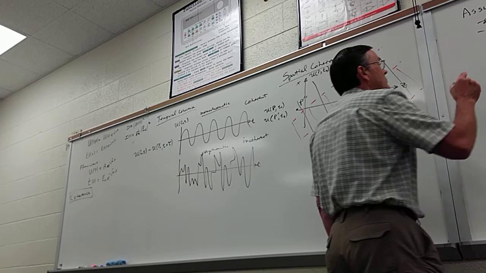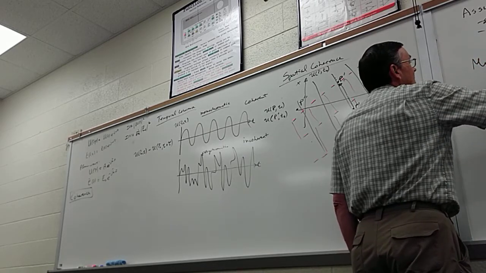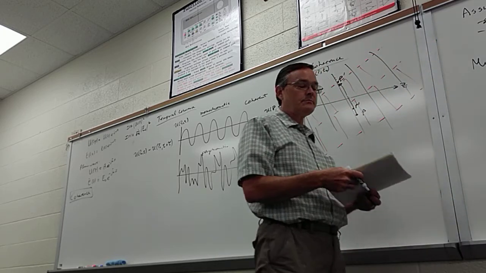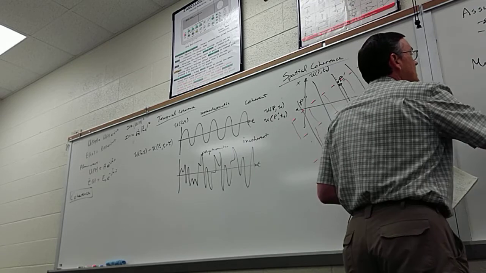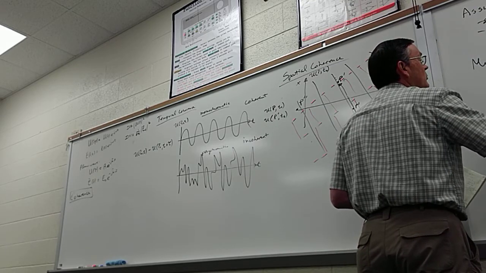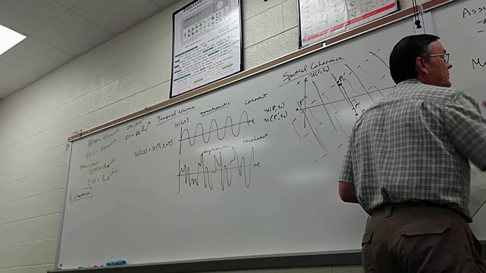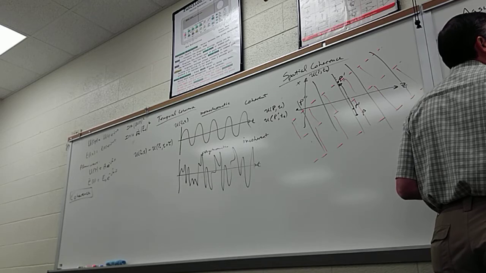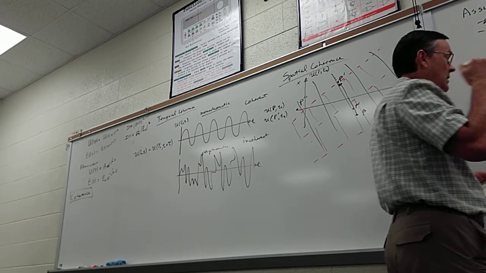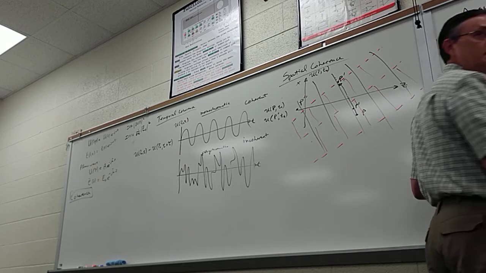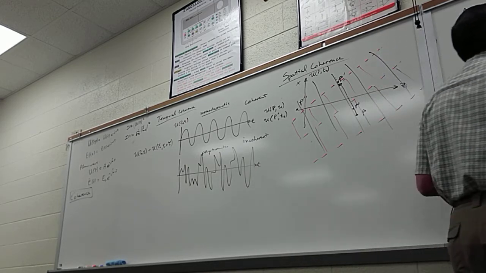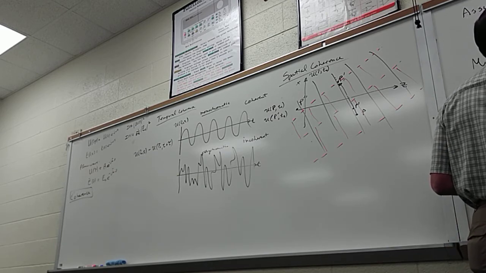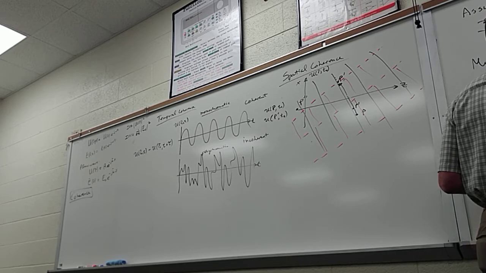Okay, now what we want to do is define something that we'll call the mutual coherence. The mutual coherence, we'll give it the symbol capital gamma sub 1, 2 of tau, and we'll write it as the product of the complex representation of the field at position R1 time t and the complex conjugate of the field at position R2 at time t plus tau.